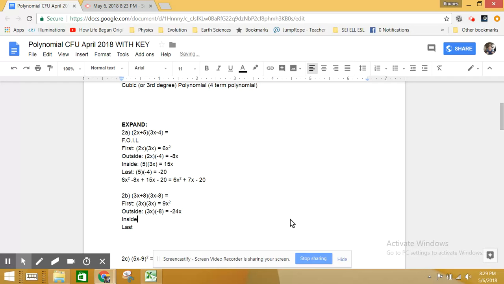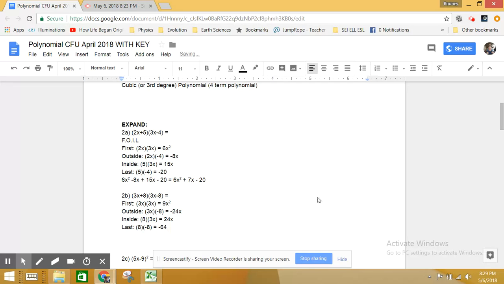My inside is going to be 8 times 3x. Notice that I've got basically opposite products that are going to happen here. That's going to be 24x. You can see right away these two are going to go away. Negative 24x and 24x are going to cancel each other out. This is going to have no middle term. Finally, I've got 8 times negative 8, which is going to be negative 64.